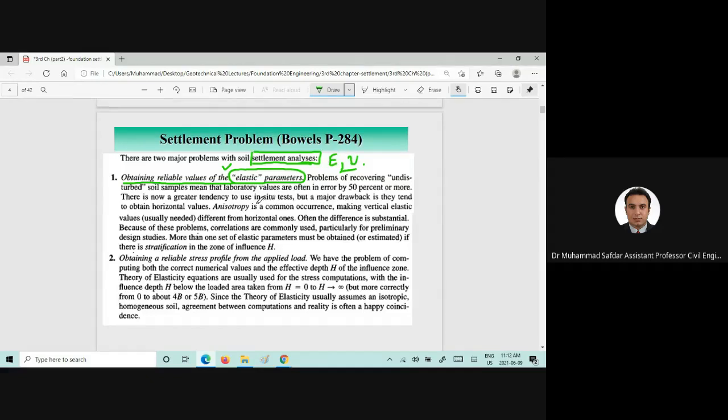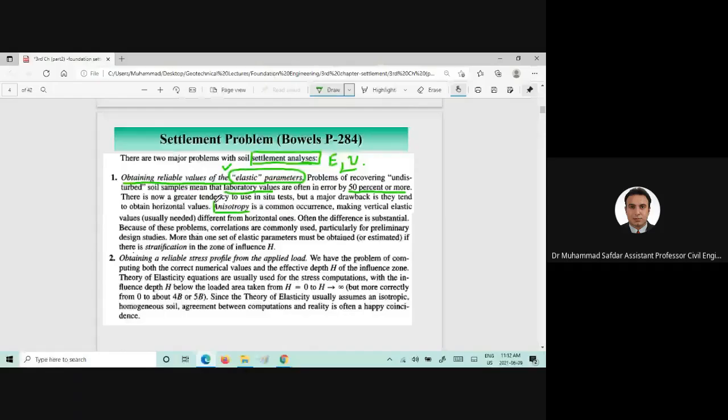For example, if we are performing a test in the lab, the lab values will be less than the modulus of elasticity which we got in the field due to sample disturbance. And anisotropy, which means that if we change the direction of the specimen, for example, if we are measuring the modulus of elasticity or the stress strain behavior in this direction, and if we apply the load in the horizontal direction, the stress strain response would be different, and it will give us a different modulus of elasticity.